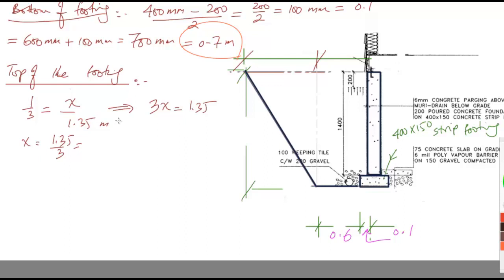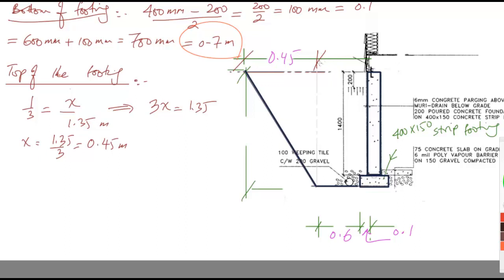Let's do the numbers here. 1.35 divided by 3 is equal to 0.45, that is meters.